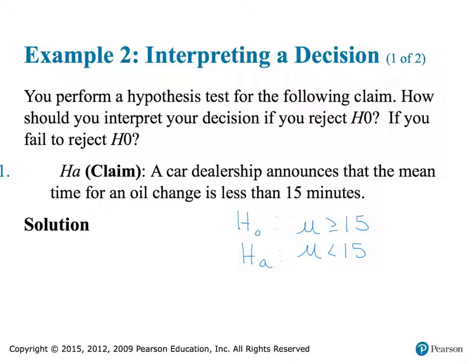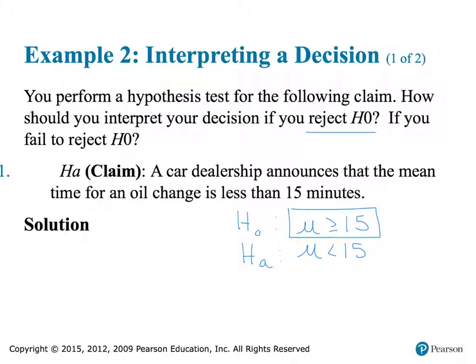So if we were to reject the Ho, then we would be saying that we have evidence to say that this is not true. So we have evidence to say that the mean time for an oil change is not greater than or equal to 15, but rather less than 15.